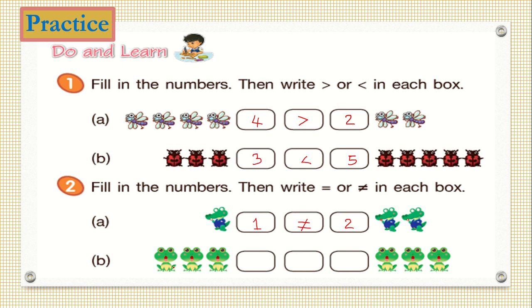Okay, what about part B? We have got 1, 2, 3. Here we have got 1, 2, 3. What do you think? Equal or not equal? Yes, it is equal. Very good. So 3 is equal to 3.